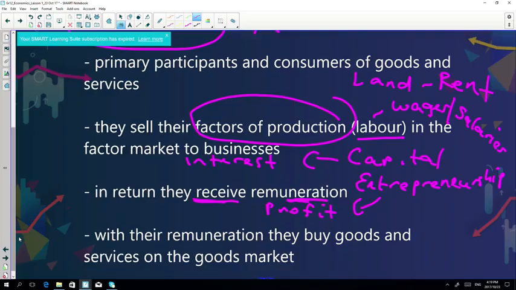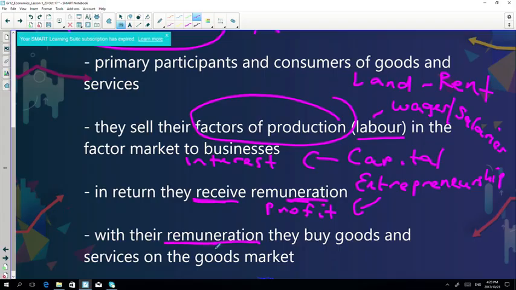Okay, so with their remuneration, they buy goods and services on the goods market. So now that we have earned an income, we know that we have needs that we want to satisfy. So now we have the financial resources, so we have the money to actually go and purchase these needs.